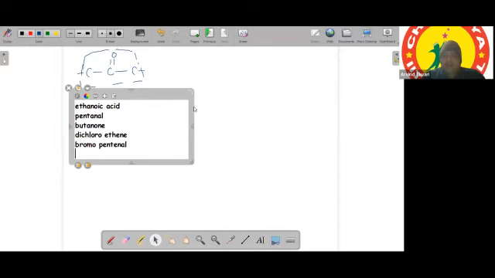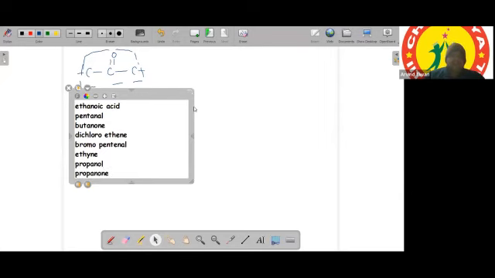I hope you are making all these structures. So these are the structures you need to draw.